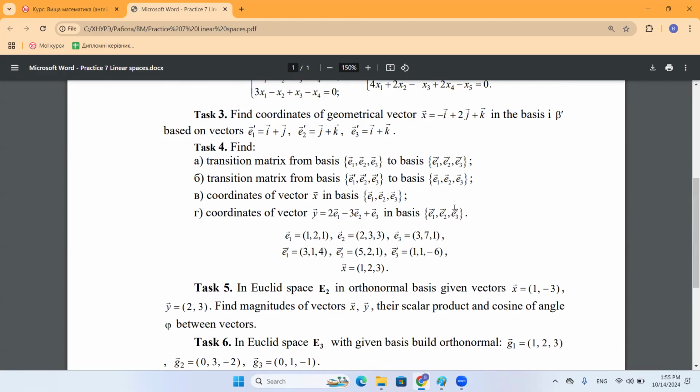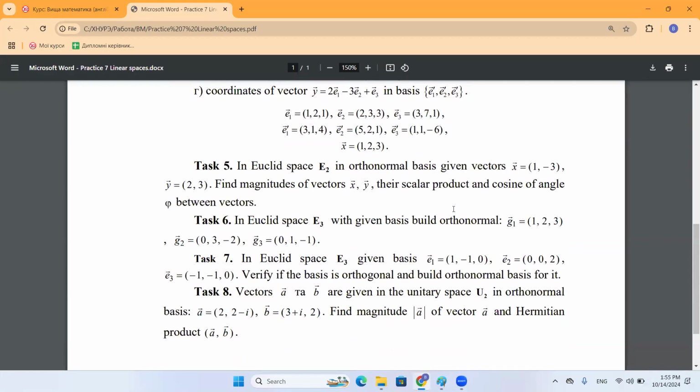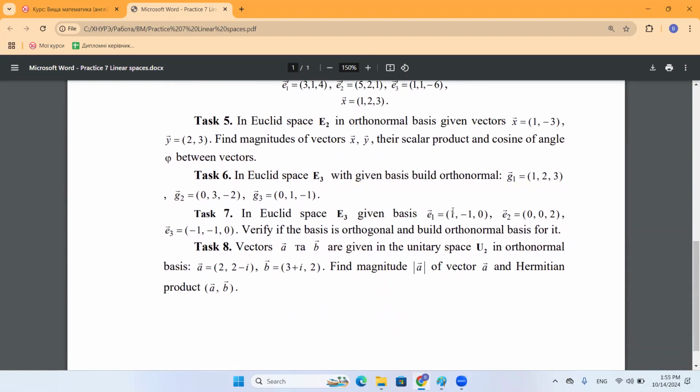You will have to build transition matrices, find base coordinates of vectors in new bases, which you already can do. And now let's have a break, and after that we will work with Euclid spaces and unitary spaces.